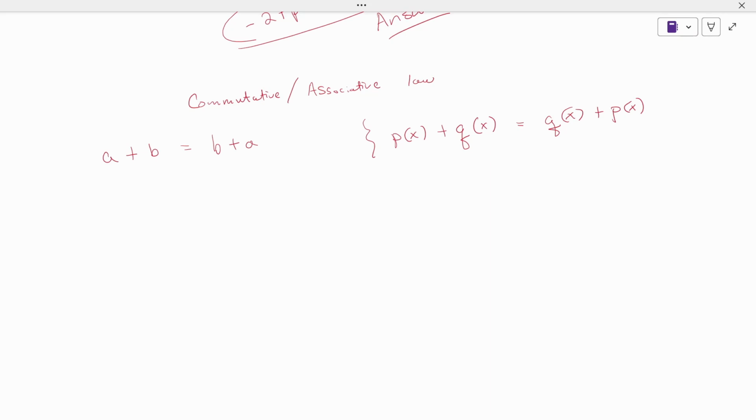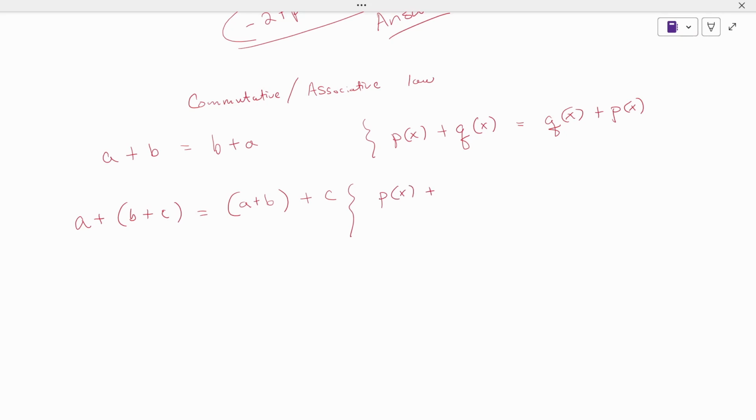For the associative law under addition, we said that when you add a quantity with the sum of 2 other quantities, that's the same as taking the sum of the first 2 quantities and adding it with the third, for any 3 numbers or any 3 terms. And for polynomial expressions, it's exactly the same.